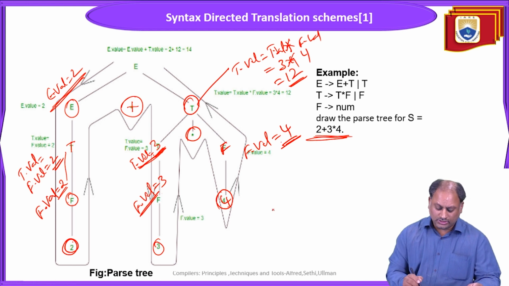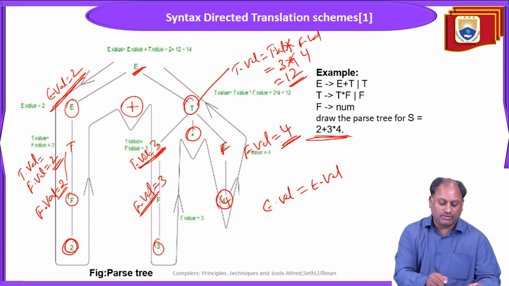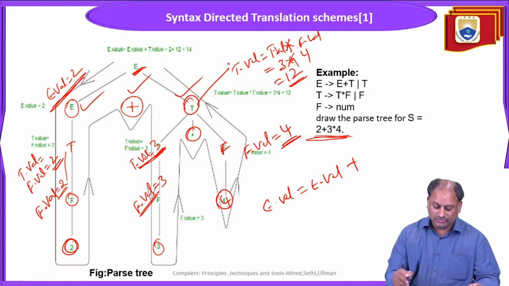Now in this computation, the final E dot val is equal to E dot val on the left hand side plus T dot val. What is E dot val on the left hand side?